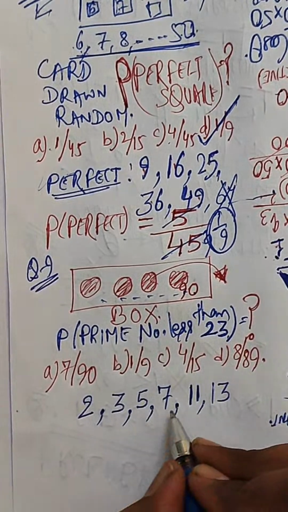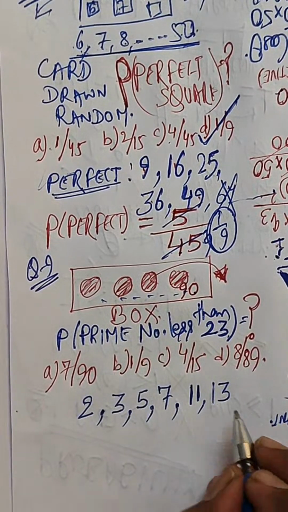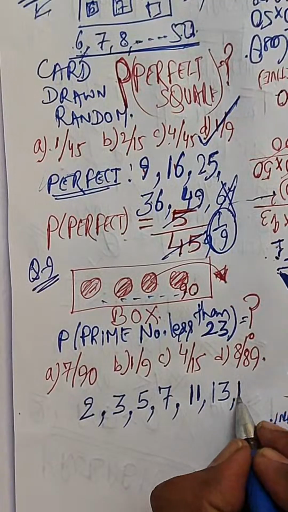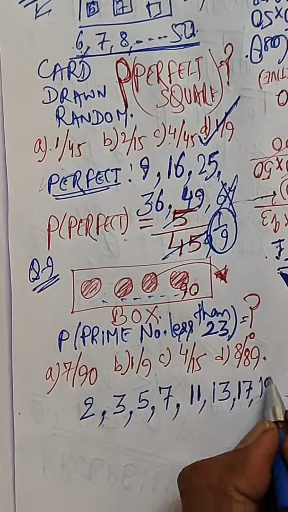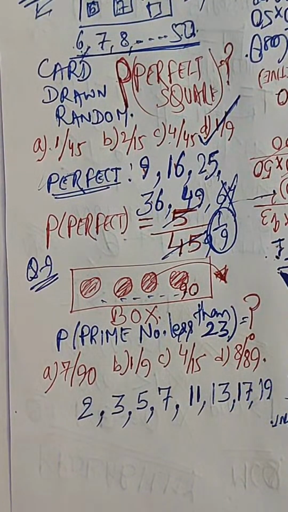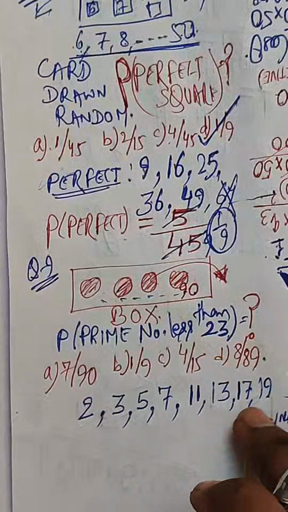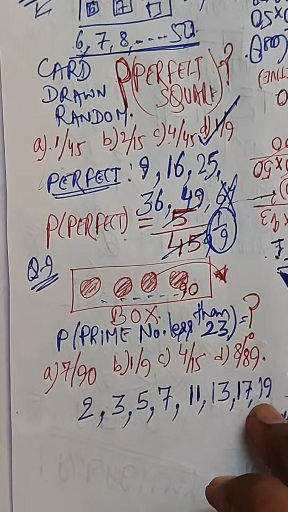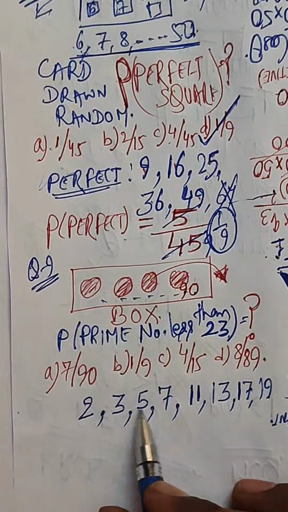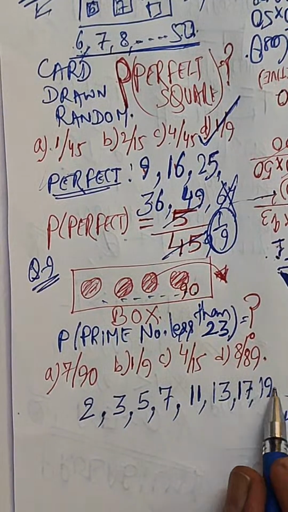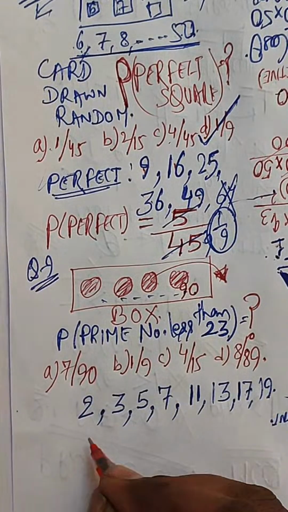You can see all these numbers are divisible by itself and 1 only. 13, then 17, then 19, these are the prime numbers less than 23. Though 23 is also a prime number, it will not be counted. So you can see 1, 2, 3, 4, 5, 6, 7, 8. So how many such events?